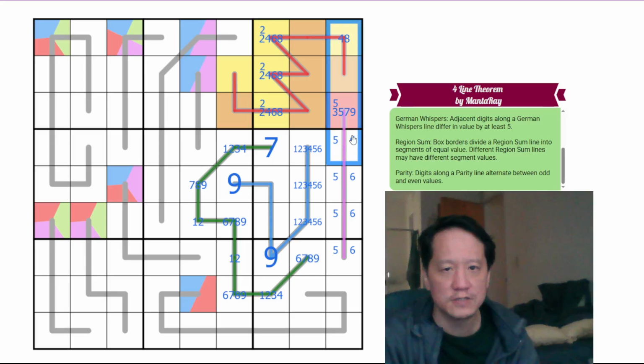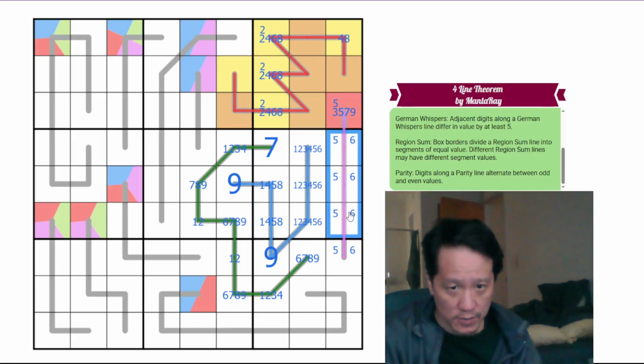Obviously not 6. So then where is 6 in this column? It would have to be here. So this cannot be 3, 6. So this is 4, 5, or 1, 8. We have to have a 9 here, which means 4 has to be one of these.